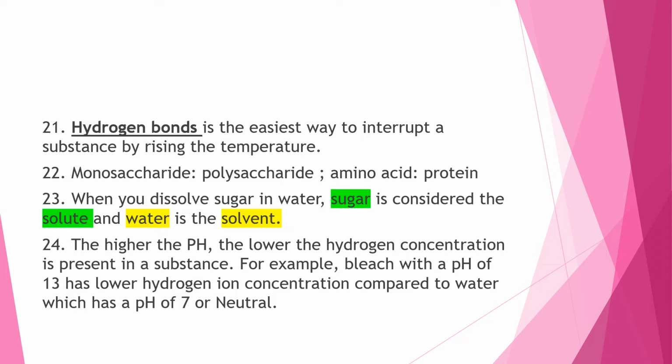Then your answer would be hydrogen bonds. Then monosaccharide is to polysaccharide, while amino acid is to protein. Again, monosaccharide belongs to polysaccharide, while amino acid belongs to protein.